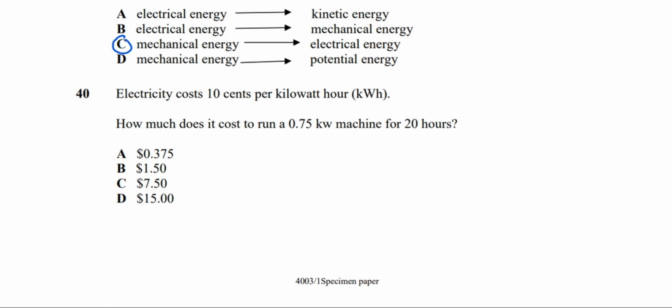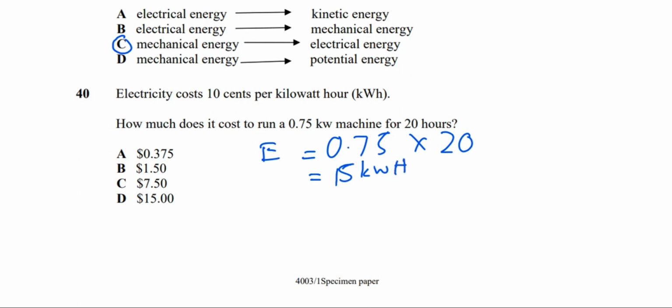Question 40. Electricity costs 10 cents per kilowatt hour. How much does it cost to run a 0.75 kilowatt machine for 20 hours? To calculate the energy used, we say 0.75 times the number of hours. 0.75 times 10 is going to be 7.5. 7.5 times 2 is 15 kilowatt hours.